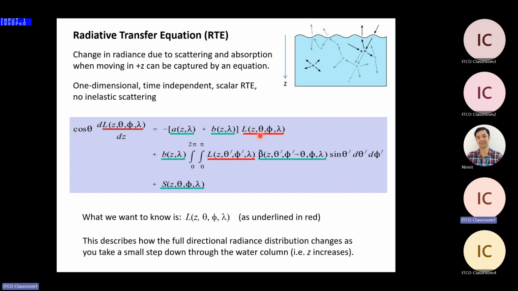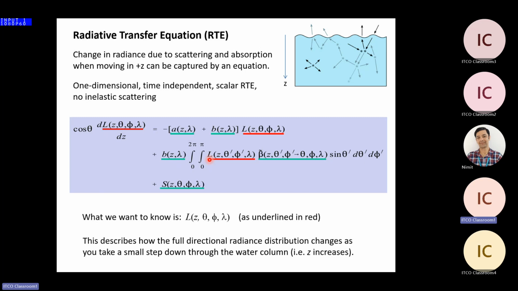And then you have the in-scattering to the beam, which is the next term, and that has a plus on it because it adds to the beam. And you see here, this is scattering, so it's governed by the scattering coefficient at that point. And then you have what looks like a horrible double integral, but all that's saying is go over the radiance at all directions. It's an integral over theta and over phi.